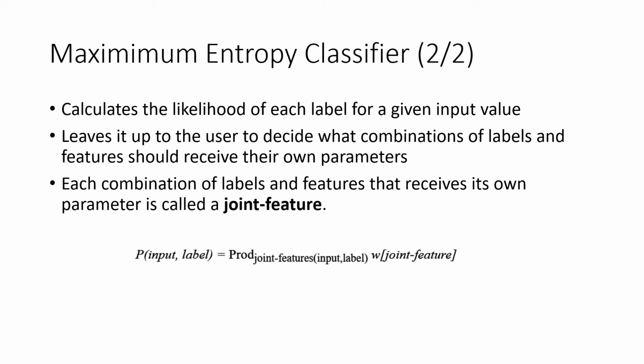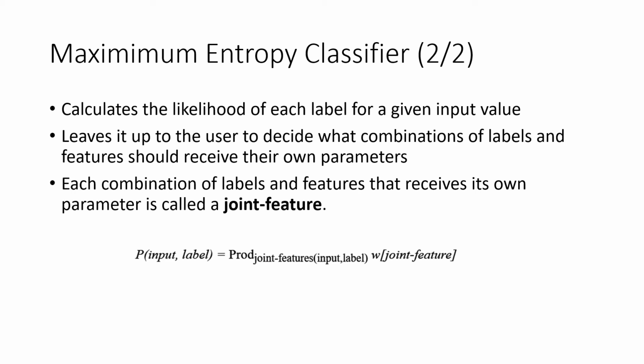In contrast, the maximum entropy classifier model leaves it up to the user to decide what combinations of labels and features should receive their own parameters. In particular, it is possible to use a single parameter to associate a feature with more than one label, or to associate more than one feature with a given label.